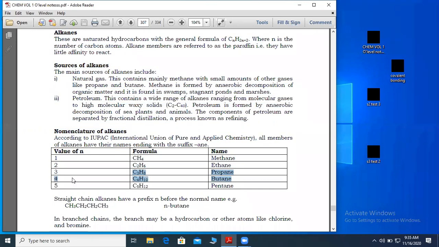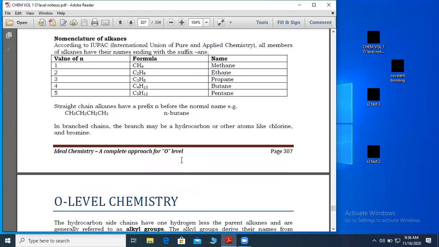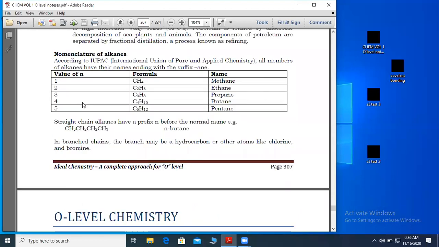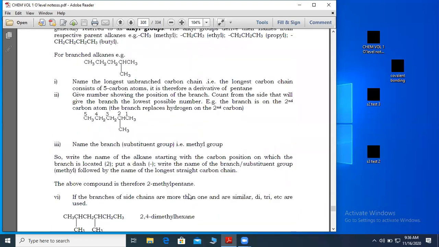We shall stop at carbon atom number 4. When N is 4, in our formula, it becomes C4. Then hydrogen will be 2 times 4, which is 8, plus 2. That makes it 10. So at your level, you need to stop at carbon atom number 4. And that is what we have done.